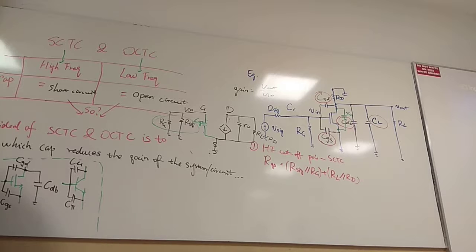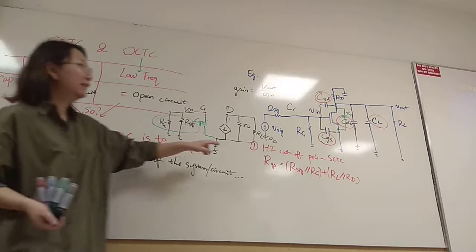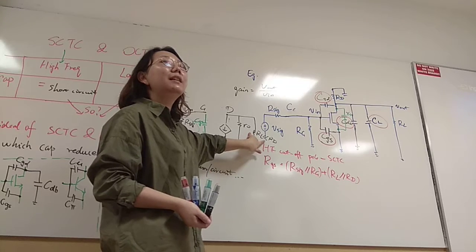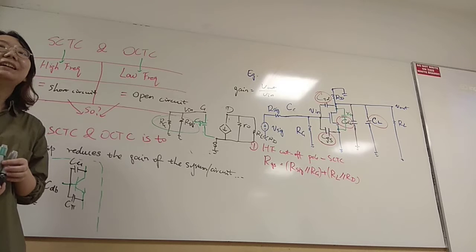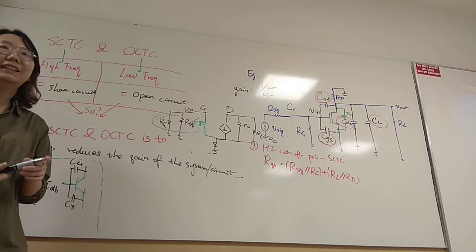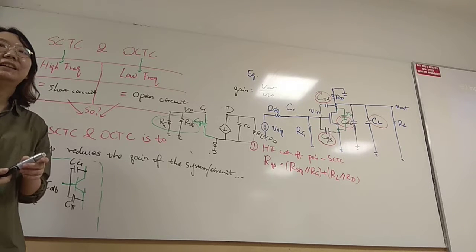That's true. Why is it not included? Actually, RL and RD are also not included. My question is why? Inside the notes, even this part is ignored. Why? The CGS is not connected to that side.